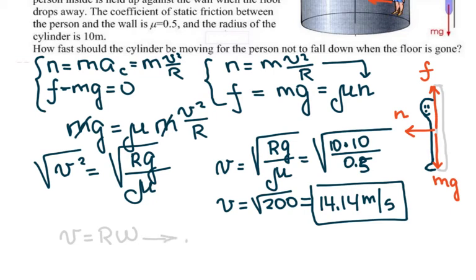So if you want to solve for the angular velocity, in this case, you have linear velocity divided by the radius, which is 10, and that gives you 1.414 radians per second.